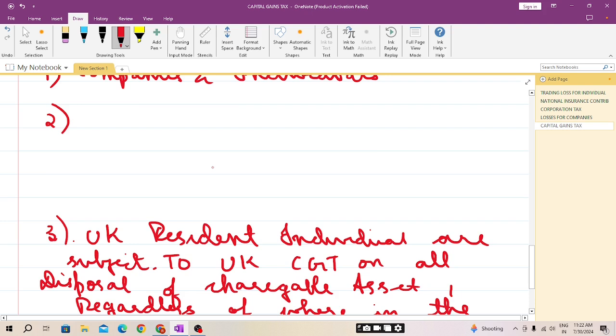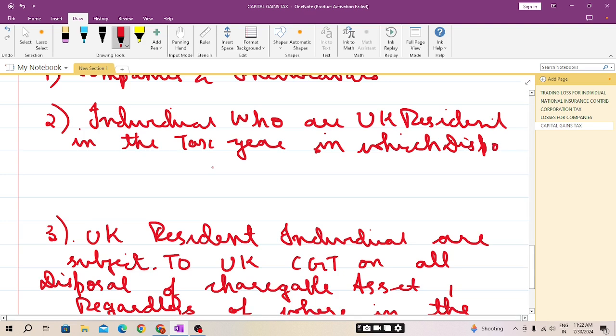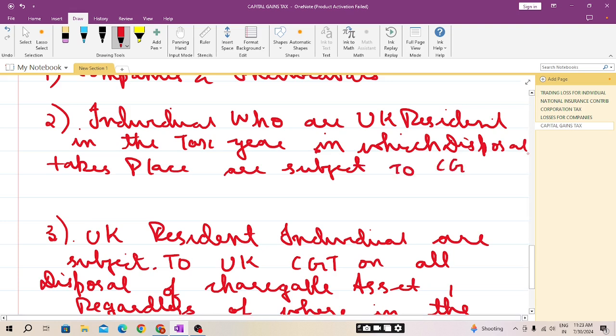Individuals who are UK resident in the tax year in which disposal takes place are subject to capital gains tax.